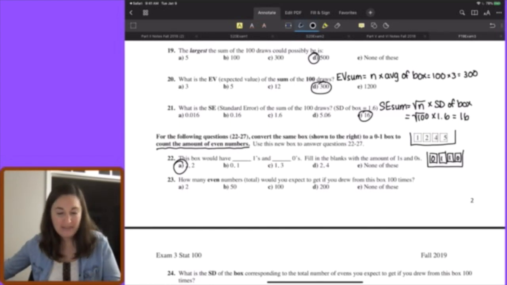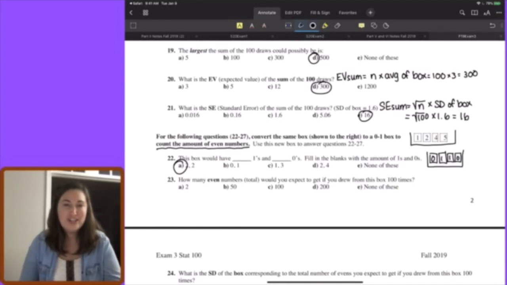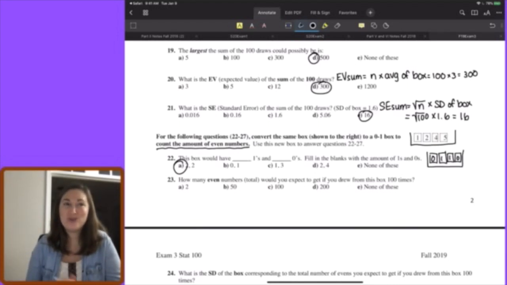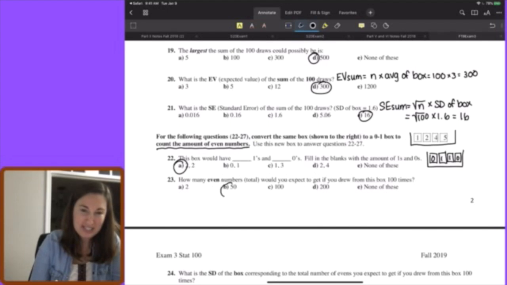How many even numbers would you expect to get if you drew 100 times from this box? Here I could use the expected value of the sum formula, just because it doesn't say average or percent. I can assume I'm dealing with sums, counting up how many evens I get. Or I could say there's half ones and half zeros, so half even numbers and half odds. So I should expect to get 50.